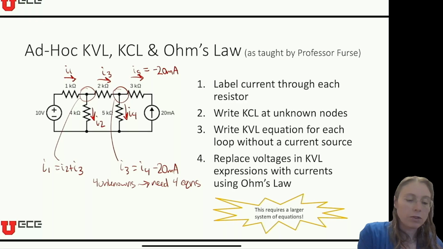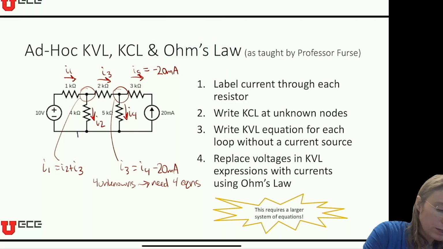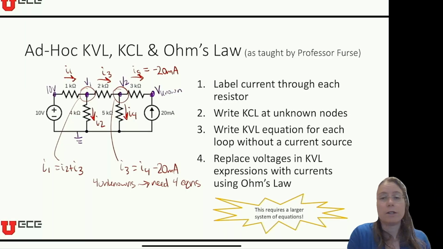Now let's compare that with node voltage method, right? If I'm doing node voltage method, I'll do that in purple. Ground, here's 10 volts, here's V1, here's V2, and then this one right here, since I know this is negative 20, I can immediately use Ohm's law to calculate this one. So this is an actual known voltage. So I have 2 unknowns.